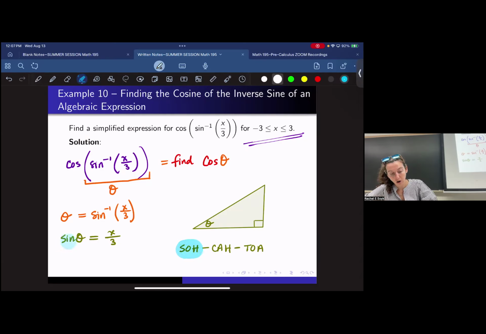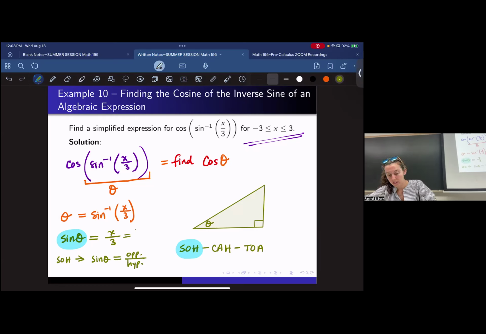Honing in on our SO, which is our opposite side over our hypotenuse to get our sine of theta.